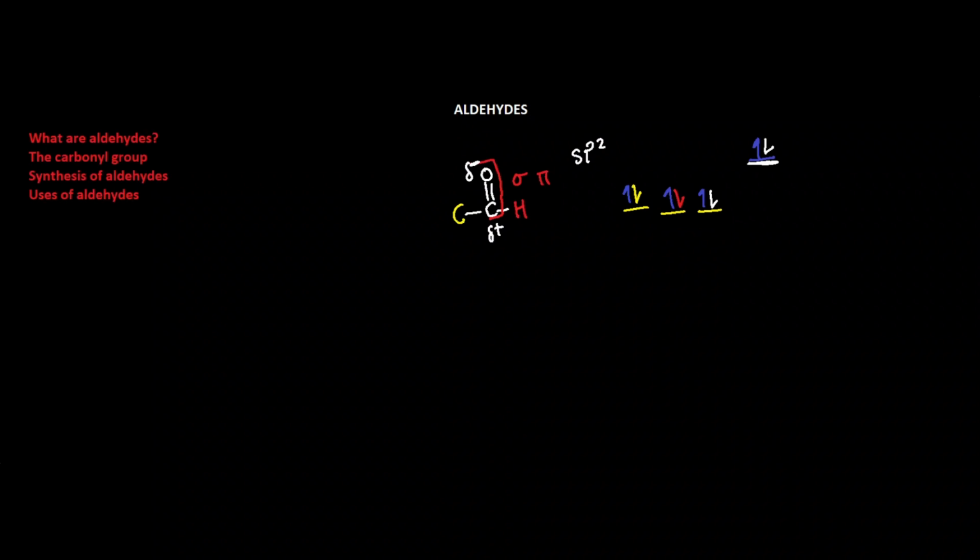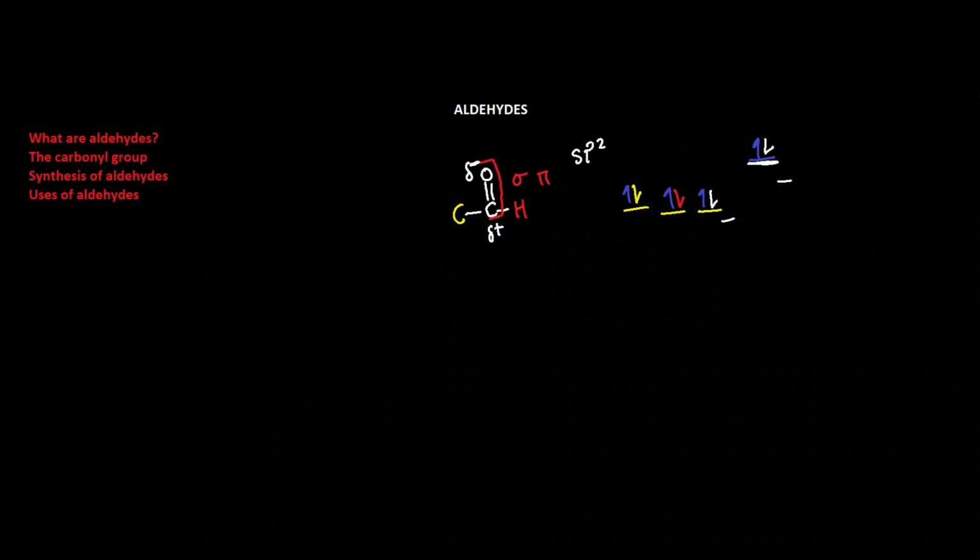Although the electrons are actually being shared, oxygen has a stronger grip on the shared electrons as compared to carbon. So this means that carbon would be partially positive and oxygen would be partially negative. So the carbonyl group has a polarity to it.